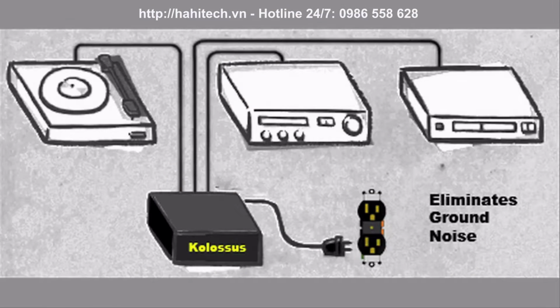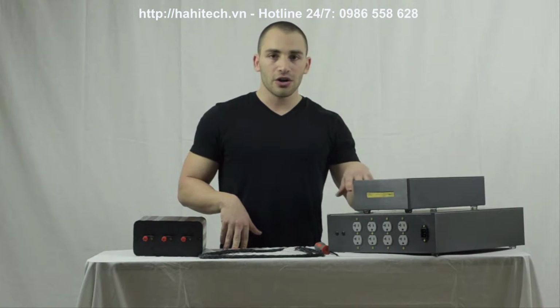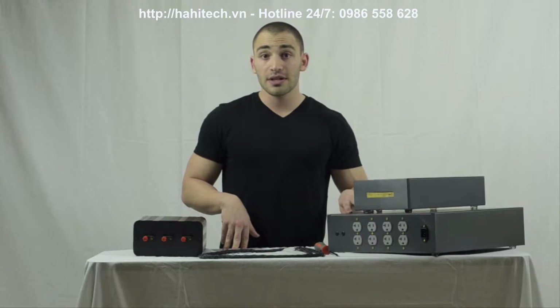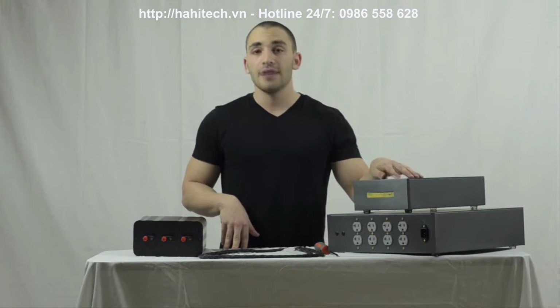And one of the ways that the Colossus works here, beyond just being a grounding system, is that it's actually an active shielding system. One of the issues with audio equipment and noise is that the shield has to travel through a lot of the audio circuitry in your component and then to earth ground and then out to the wall.